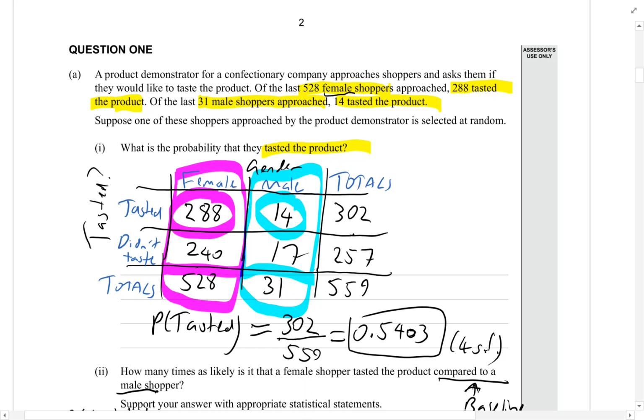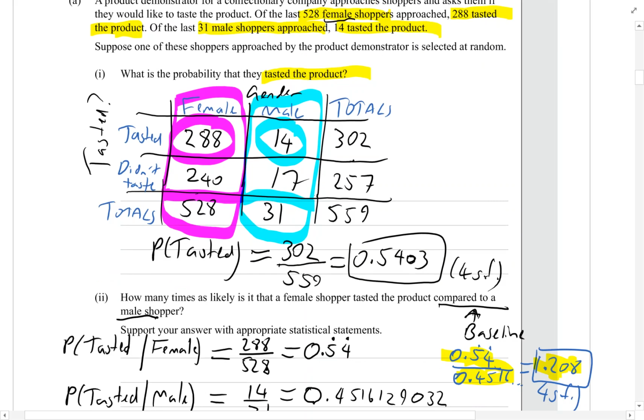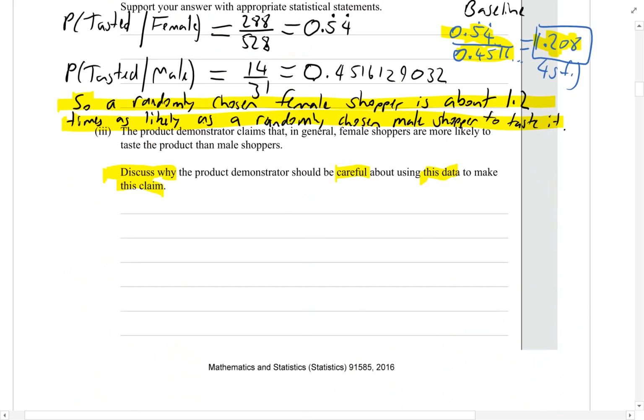So the key point here is that we don't have any information to give us confidence that this is a representative sample of male and female shoppers at that supermarket. Okay, so that's the point I'm going to make.